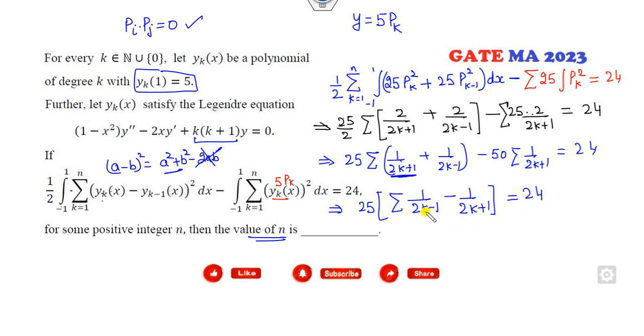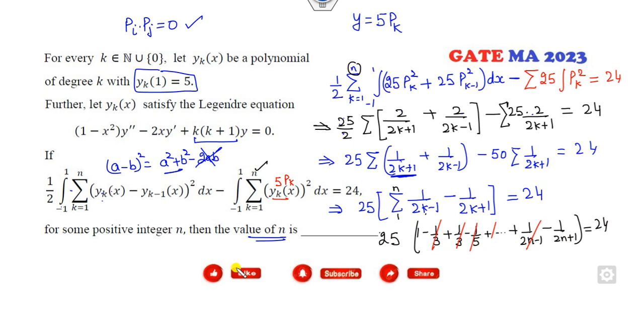Now what is that? If you open this, it's 1 to n. The first term will be 1 minus 1 over 3, then 1 over 3, 1 over 5, and so on. The last term will be 2n minus 1, because the summation is ending at n, minus 1 over 2n plus 1, of 25 is 24. So which ones are cancelled? So every term is cancelled.